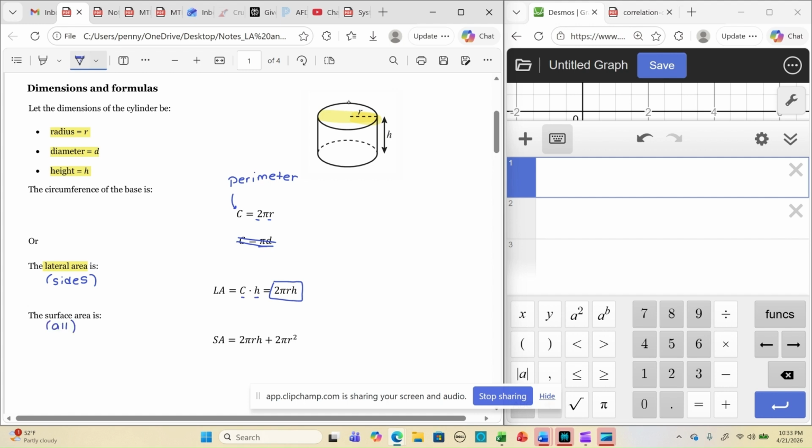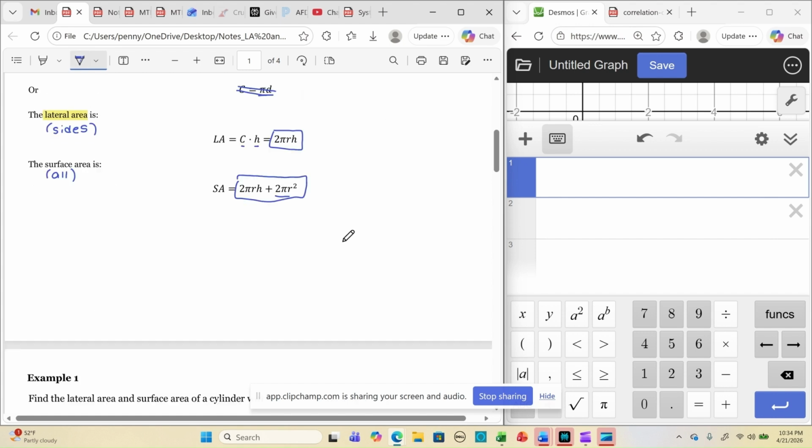And that means the top, which is a circle. We know the area of a circle is pi r squared. It also includes the bottom, which is also circular. That's also pi r squared. So together they make 2 pi r squared. So we're going to be focused on these formulas in today's example.